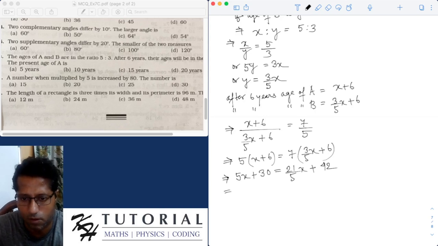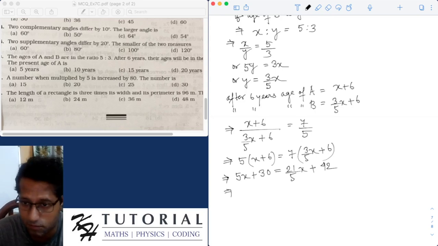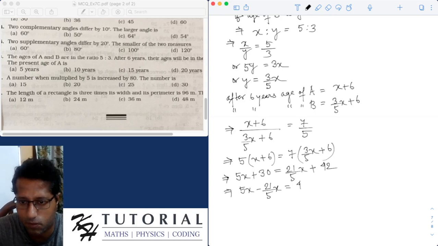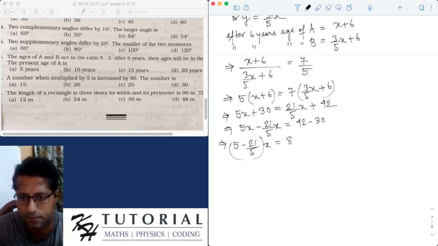Now we will bring all the x terms to the left hand side and all the constant terms to the right hand side, and we get 5x minus 21 by 5 x equals 42 minus 30. After further simplifying, the LHS is 5 minus 21 by 5 into x, and the RHS is 42 minus 30, which is 8.